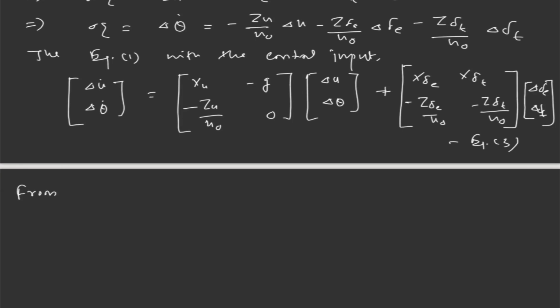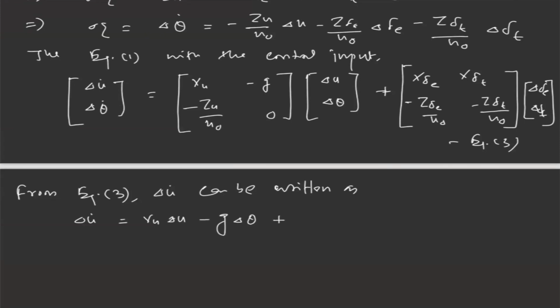From equation 3, delta u dot can be written as delta u dot equal to Xu delta u minus g delta theta plus X delta E capital delta E plus X delta T capital delta T.